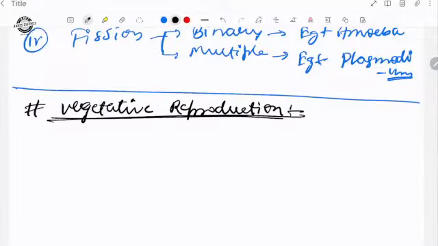Vegetative means a part of the parent's body. Parts of the body of the parent are cut down, and we use these cut body parts as seeds to develop into new individuals.